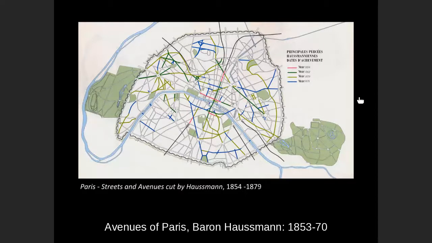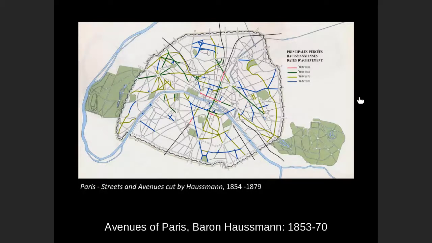Like almost all medieval cities that had just grown up ad hoc over time, it was full of meandering streets. There were no such things as straight lines and city grids and so forth, like you think of with Chicago. And so it was very difficult to traverse around the city.